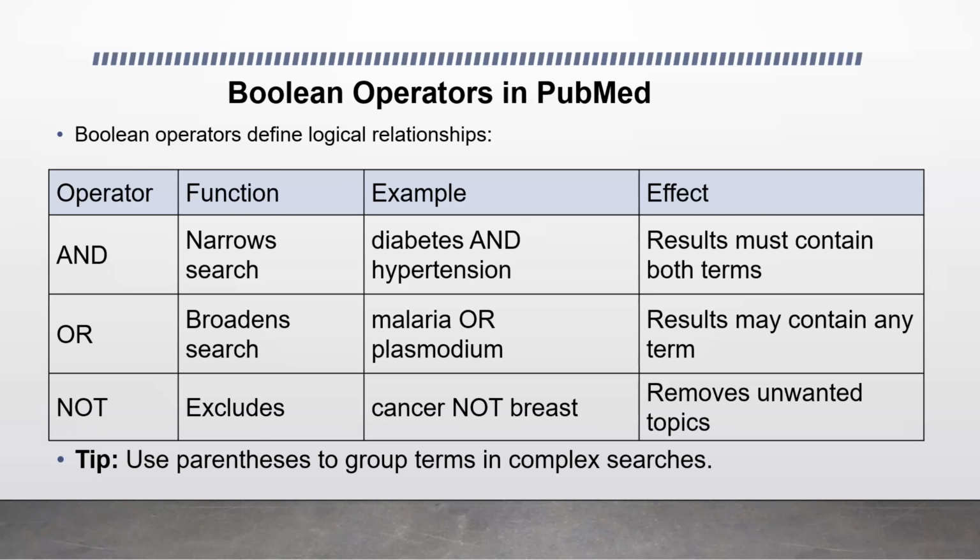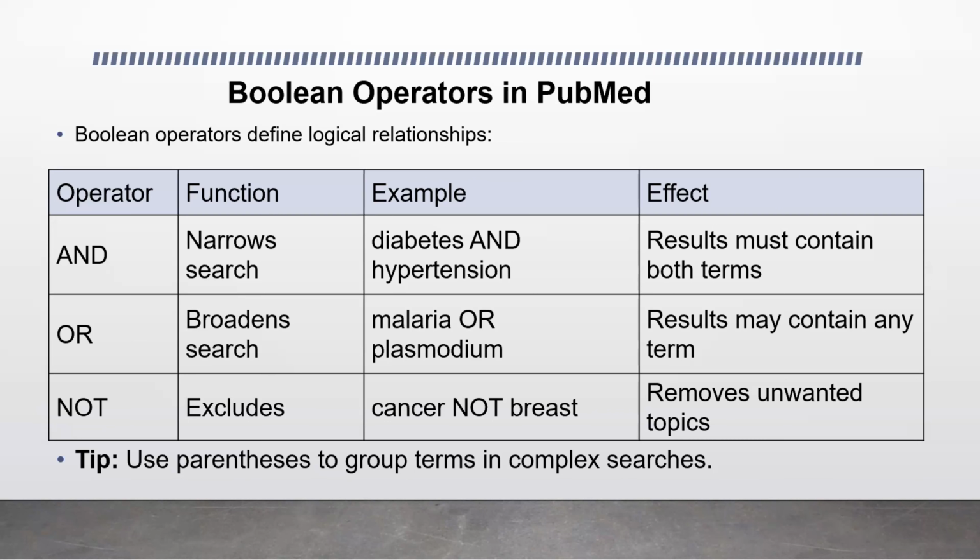But if you want to connect search terms under the same concept, we normally use the Boolean operator OR. So, for example, malaria OR plasmodium, these are under the same concept.